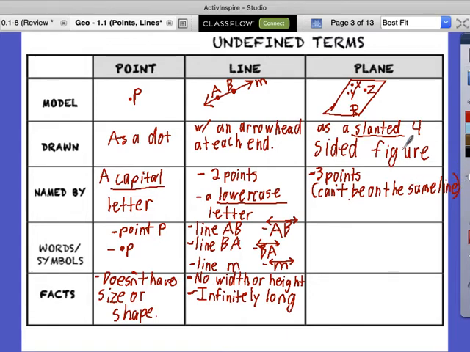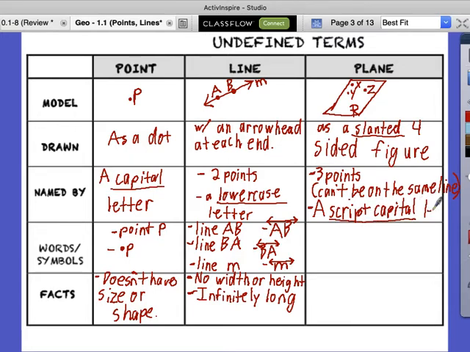So they can't be on the same line. I need you to make sure that's on there. And the other way you can do it is a script capital letter.